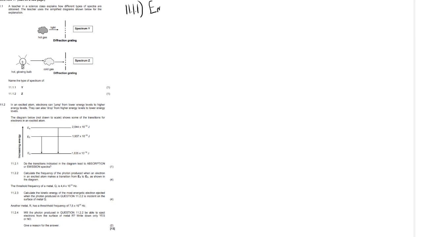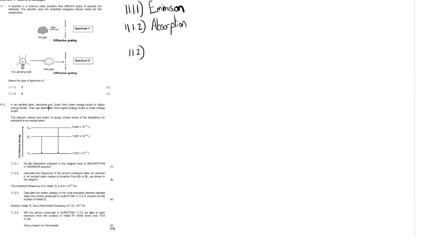And so that's going to be the emission spectrum. 11.1.2, that is the only other spectrum that we know, and that is going to be when light goes through cold gas, we see the absorption spectrum. Right, and so yes, an easy 1 mark and 1 mark. That is not too much, but we can see this is not the only thing that we see on absorption and emission spectra.